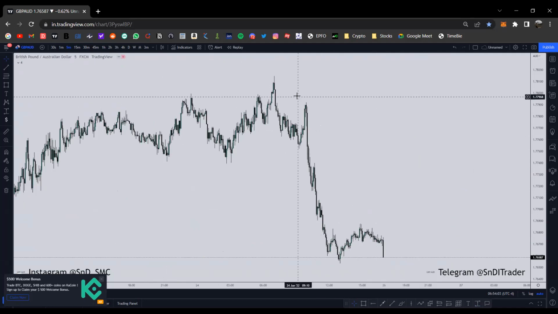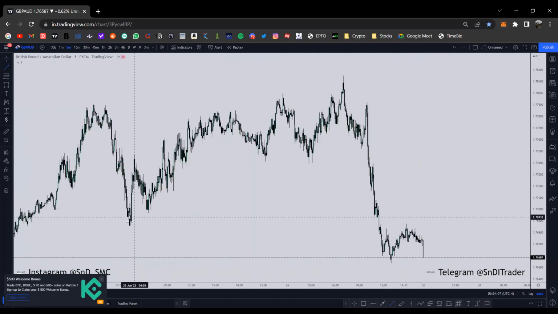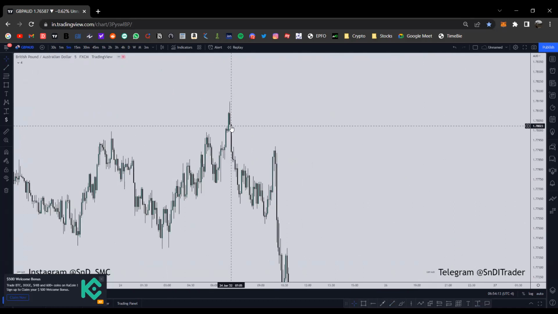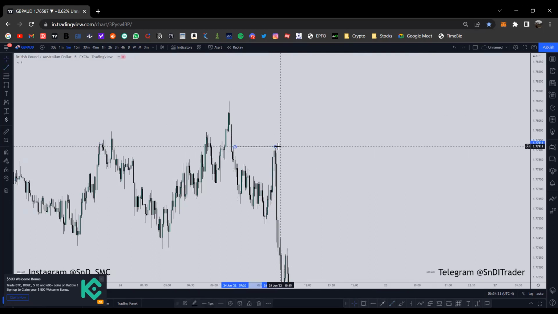So this is the last high you see, and we have a break in market structure towards the downside as well. We have a fair value gap from this high to this low. So this equal high can be a good inducement for you.